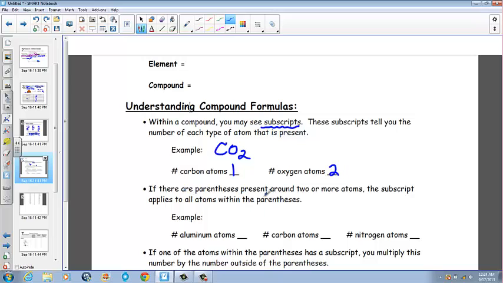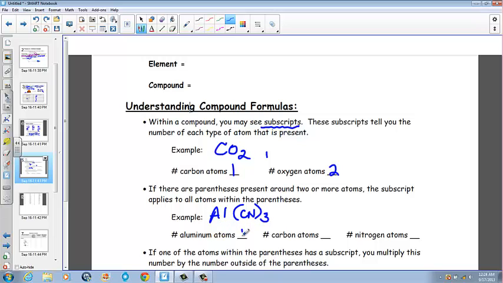If there are parentheses present around 2 or more atoms, the subscript applies to all atoms within the parentheses. So for instance, if I write aluminum cyanide, okay, and I'm going to write that for you, Al(CN)3, okay, here's the parentheses, here's aluminum.